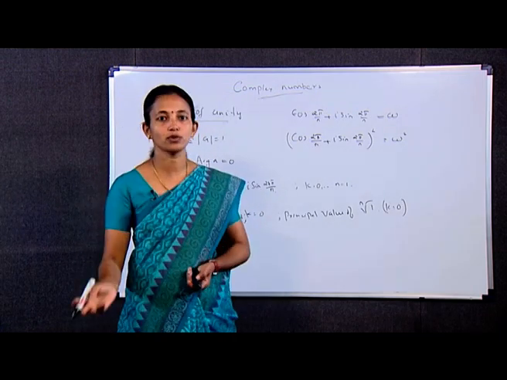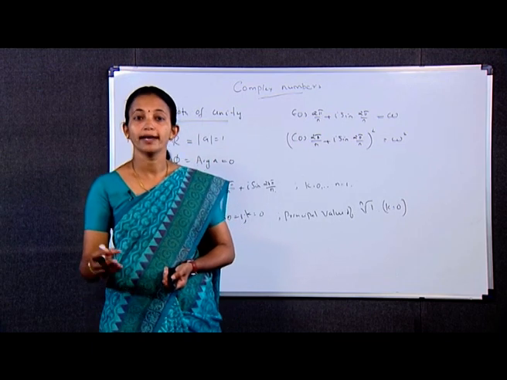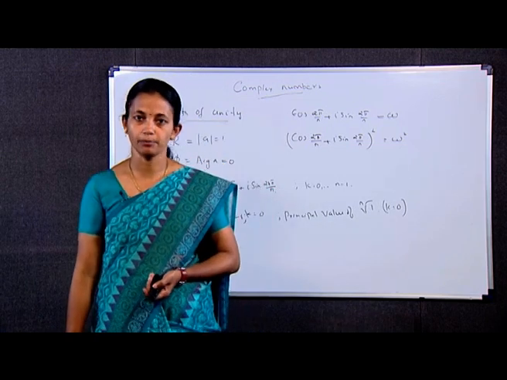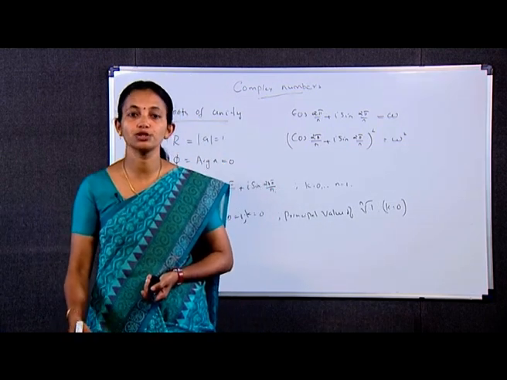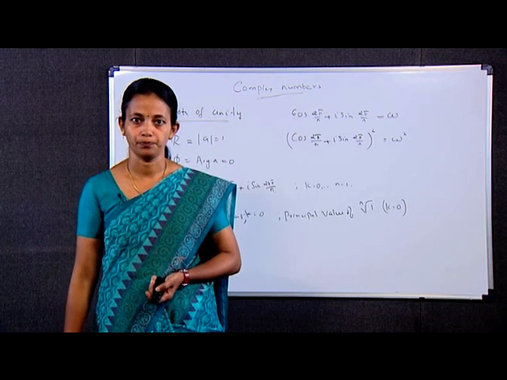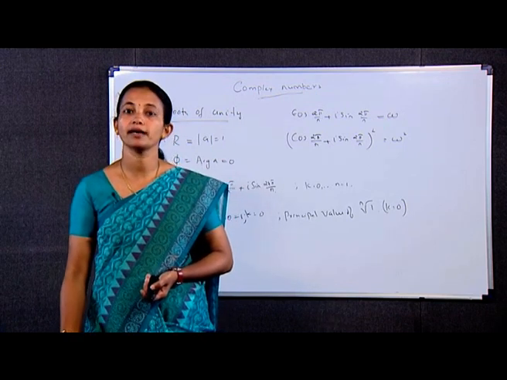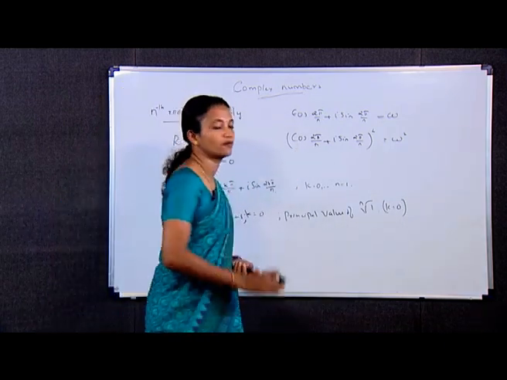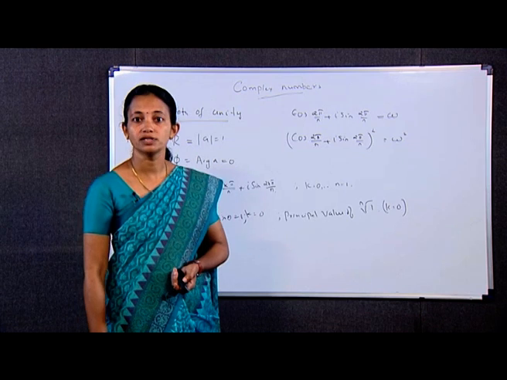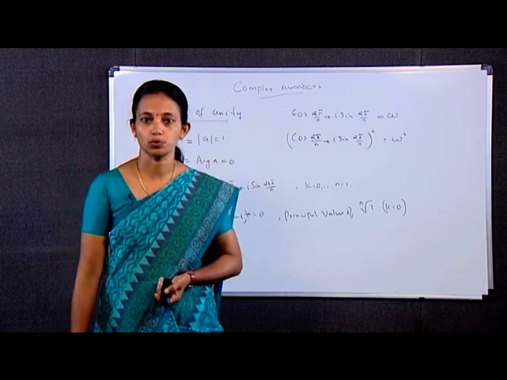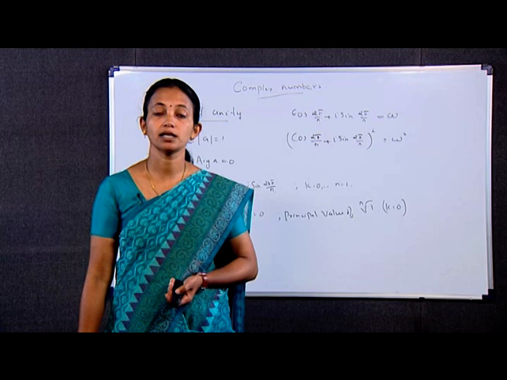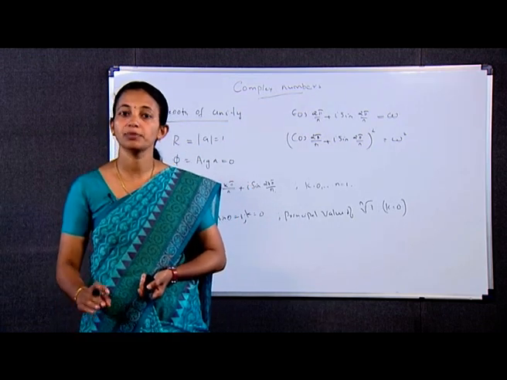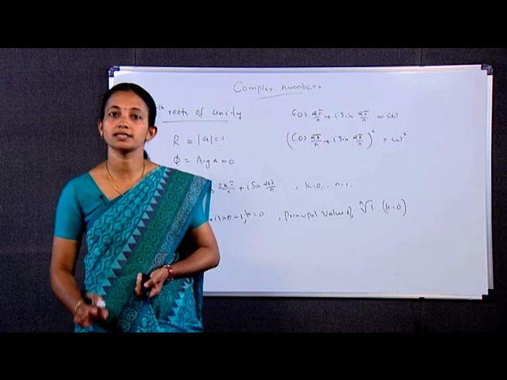When k is equal to n minus 1, the nth root of 1 is cos(2(n−1)π/n) + i sin(2(n−1)π/n), which we can write as (cos 2π/n + i sin 2π/n) raised to n minus 1, which is equal to ω^(n−1). These values are the vertices of a regular polygon of n sides inscribed in the unit circle with one vertex at the point 1.